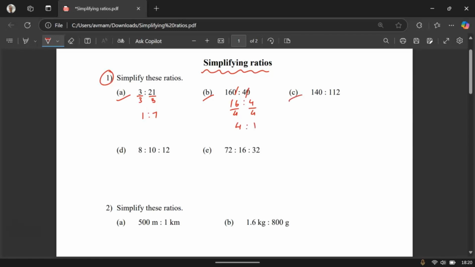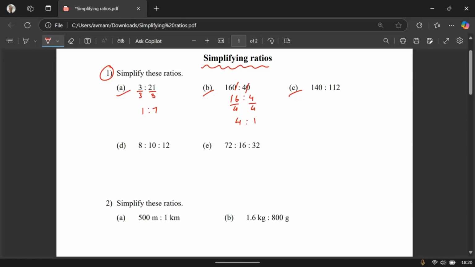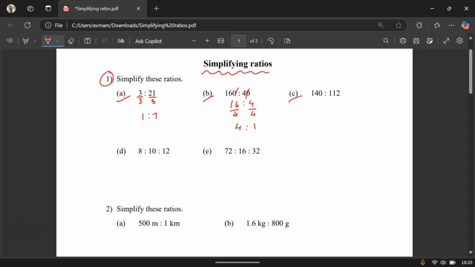In part C, 140 to 112. So if you are unable to figure out what is the highest common factor, you can divide by 2. Since both of them are even numbers, we can divide by 2. So this gives me 70, and 112 divided by 2 is 56.